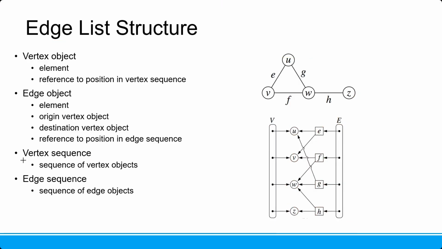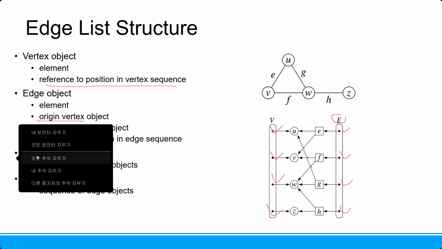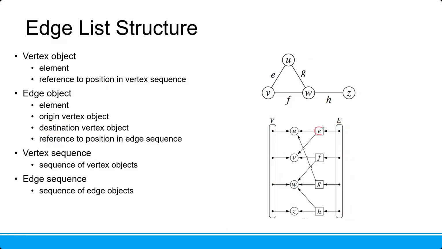Now, we want to make the reference position in the vertex sequence. So this is 1, 2, 3, 4. This is the position in V. And then for E, this is the position 1, 2, 3, 4. And it has the origin and destination. What is this one? So e is an edge between u and v.